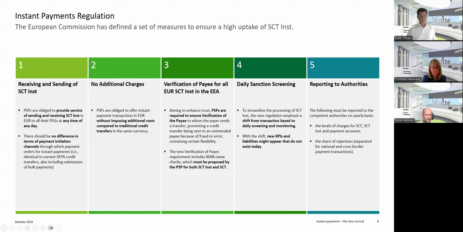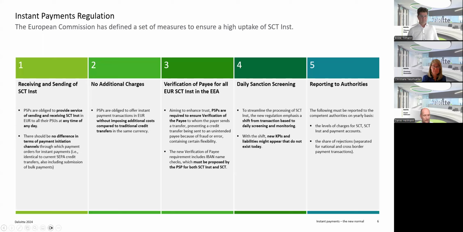In the case the payee name and the IBAN match, the payer gets a green light and can authorize the payment immediately. In case the payee's name and the unique identifier almost match, the PSP shall inform on the correct bank account holder name, and the payer needs to verify. And in case the payee's name and the IBAN do not match, the payer's PSP shall inform the payer that the funds might be directed to a wrong account.